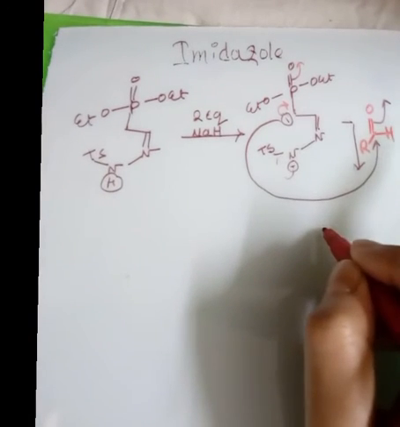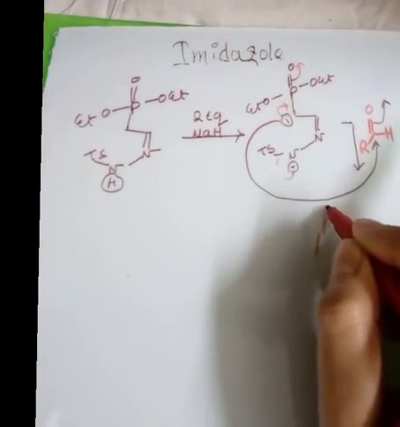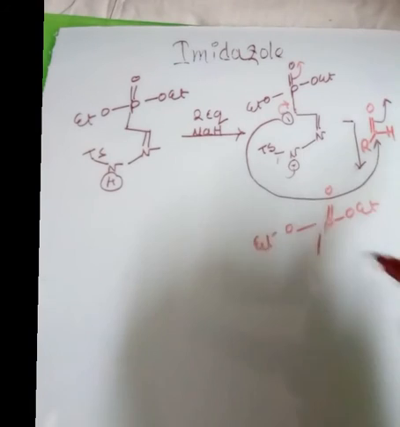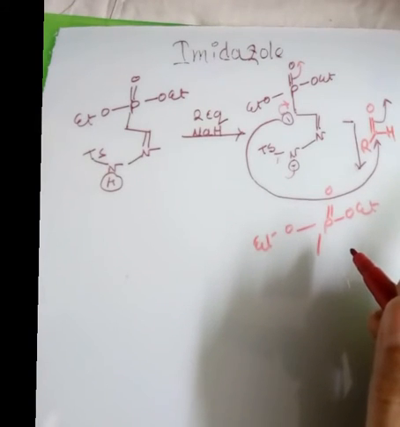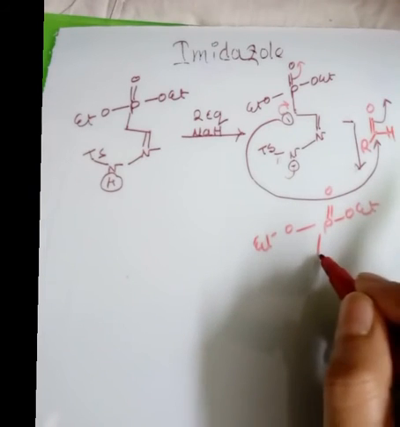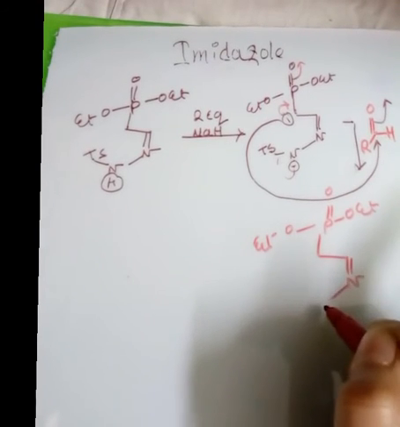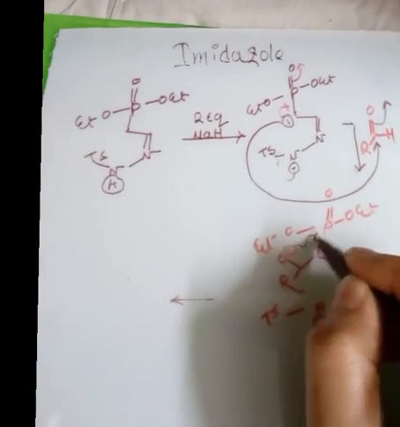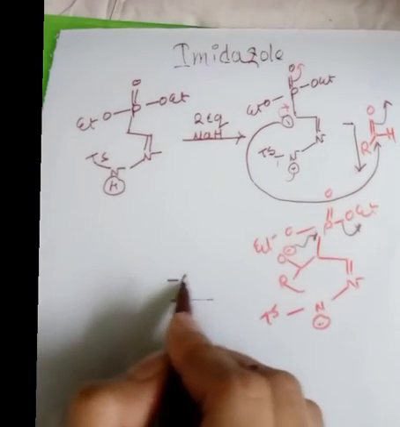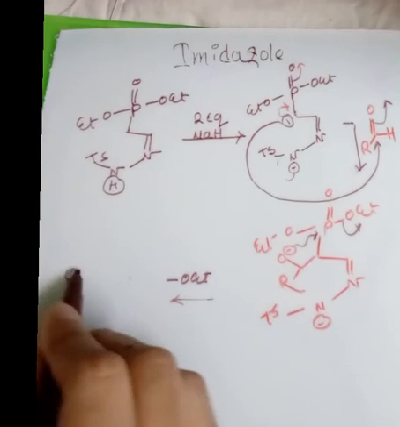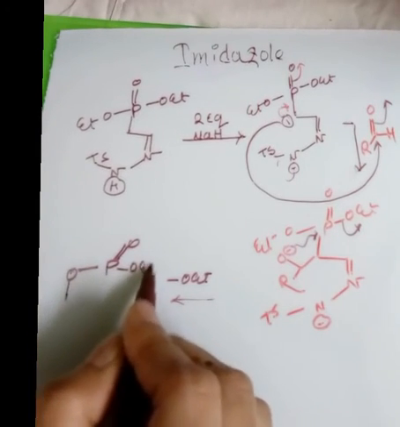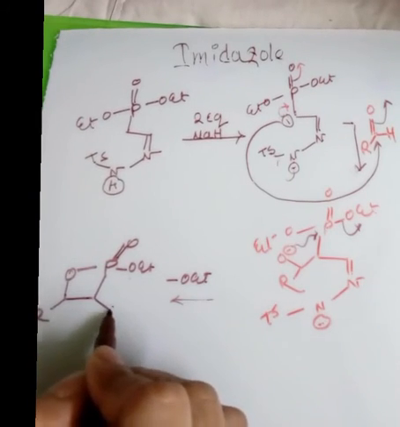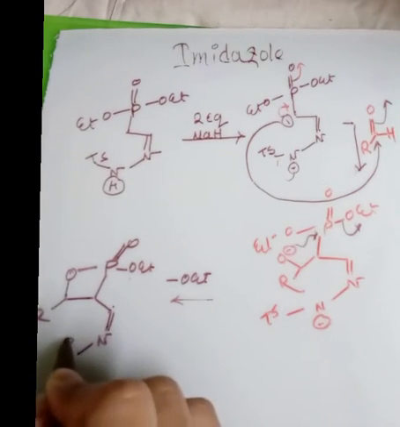Now it will form this; this O negative will attack phosphorus and the OEt group will leave and a 4-membered ring will form. N negative and tosyl.